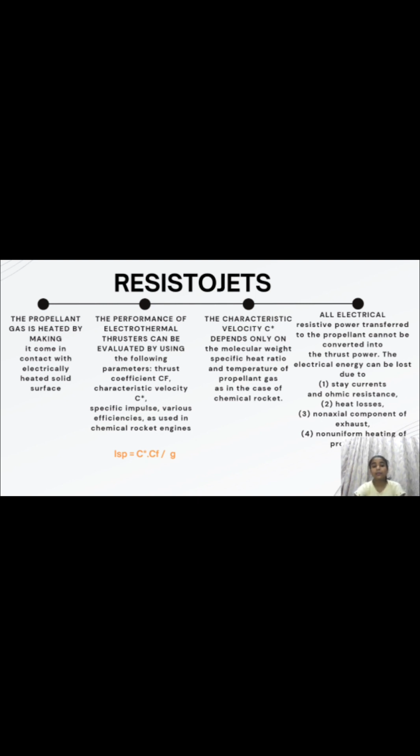It means that when using electricity to heat up rocket propellant, not all the energy goes into pushing the rocket forward. Some energy is lost due to resistance, escaping as heat, and inefficient direction of the propellant, making the propulsion less effective.